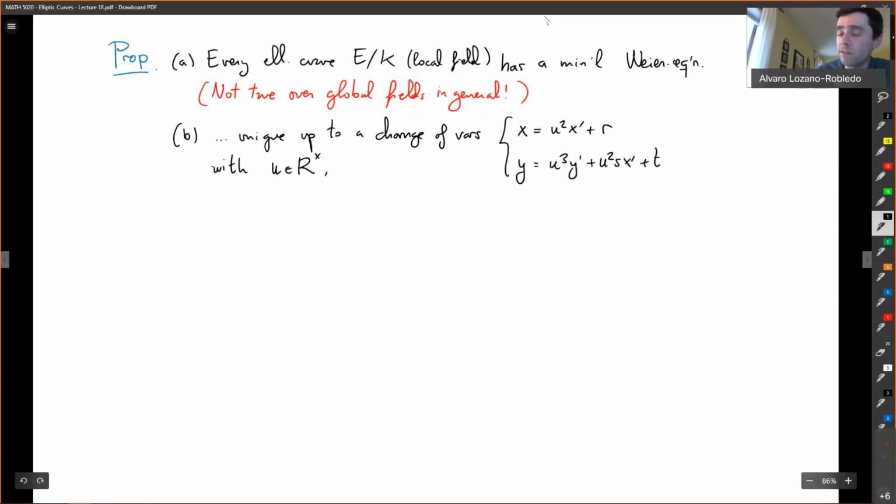And the other ones are s and t. You can pick them to be anywhere in the ring of integers, obviously. Okay. So as long as you change now by a unit, then you get another minimal model.